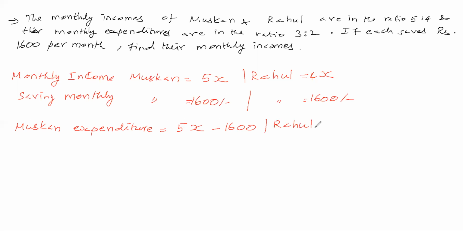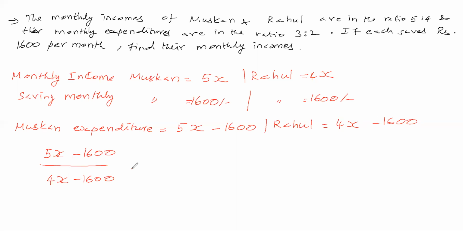For Rahul, income is 4x, saving is 1600, and the remaining is expenditure. So Muskan's expenditure is 5x minus 1600, and Rahul's expenditure is 4x minus 1600.